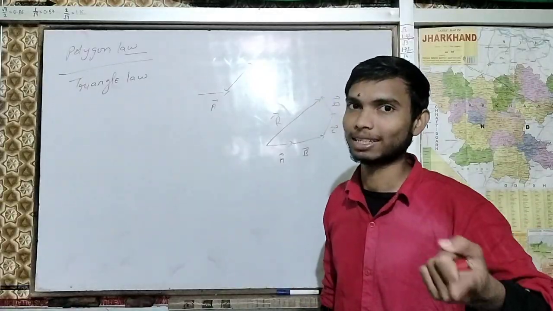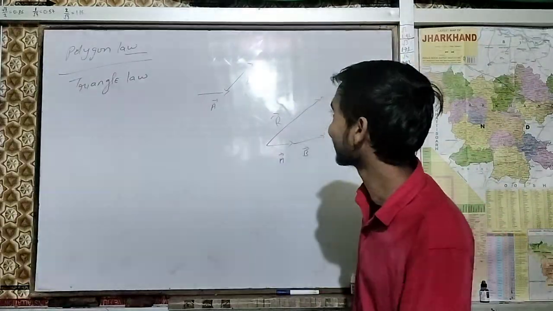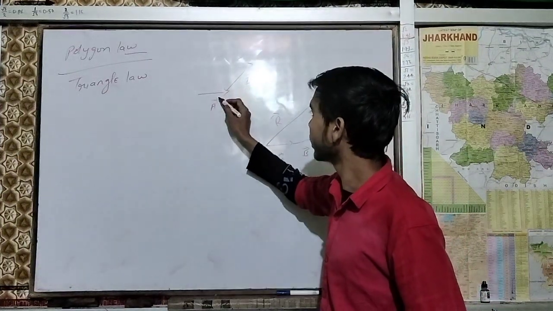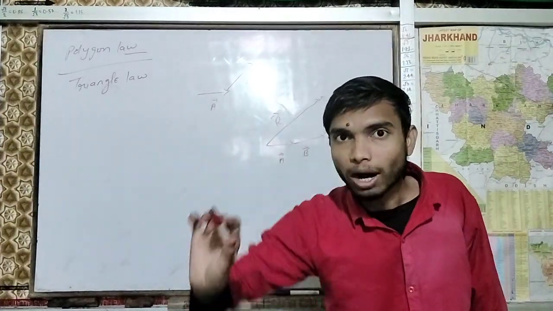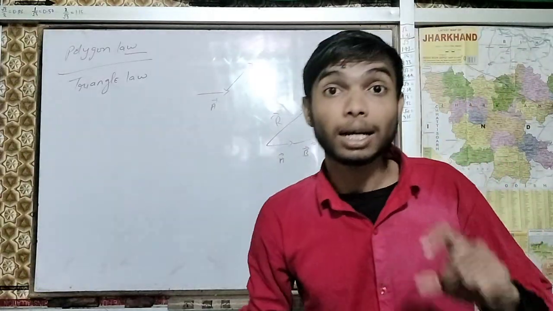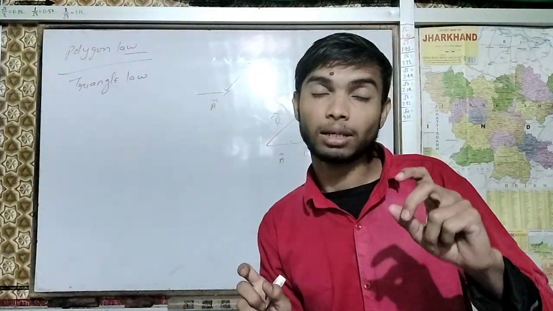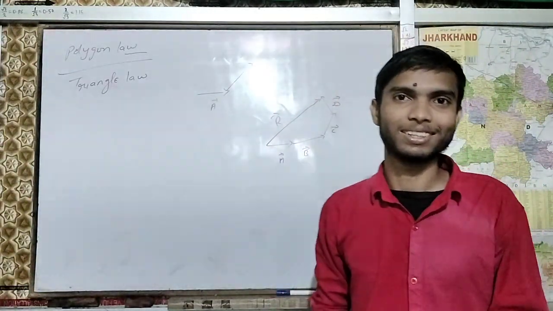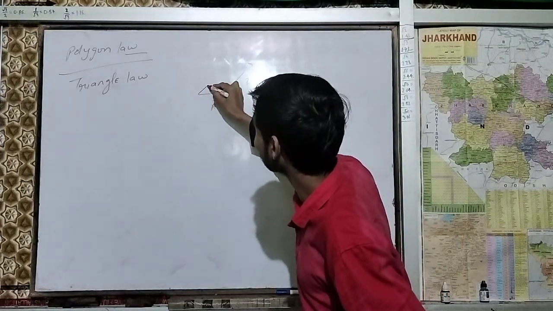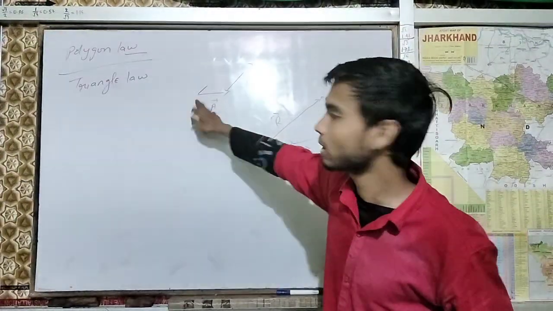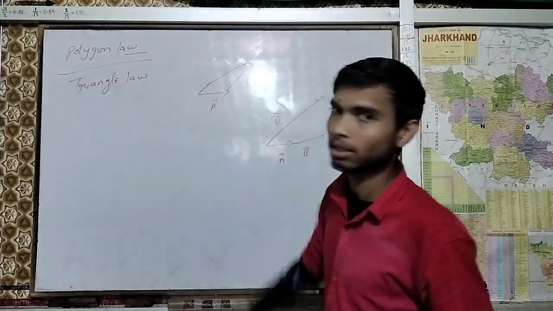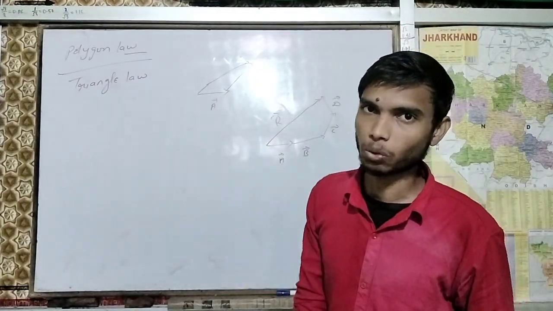Diagrammatically, I am saying diagrammatically. I told you, if you are going to draw another vector which would be the resultant, remember, connect tail to tail and head to head. So this is the tail. We connected tail to tail, and then it will automatically connect head to head.